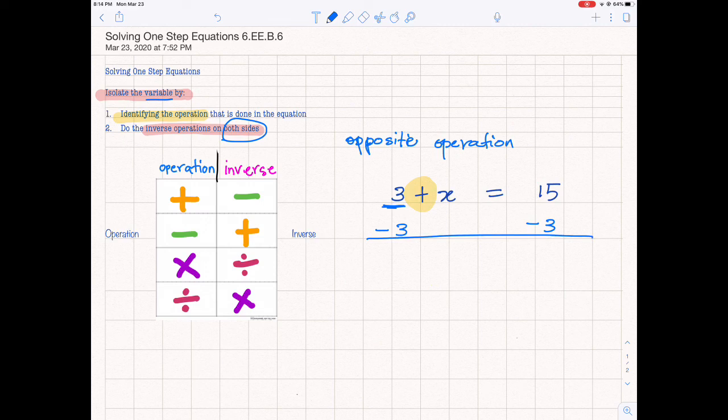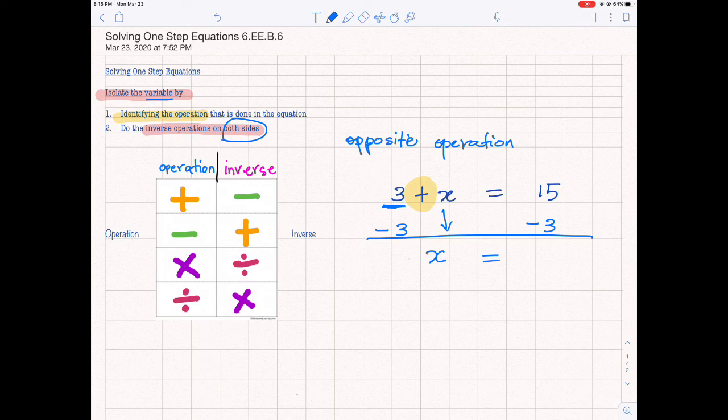This 3 subtract 3 is 0. I'm not going to write that, because if I write 0 plus x, anything plus a 0 is going to be the same amount, so x. So I don't want to write that extra step. So I would just write x on this side. We isolated the variable.